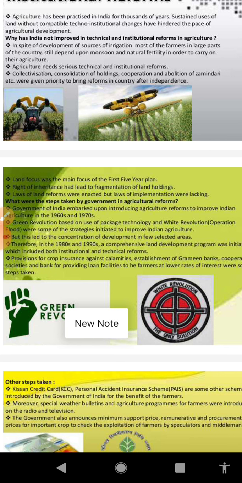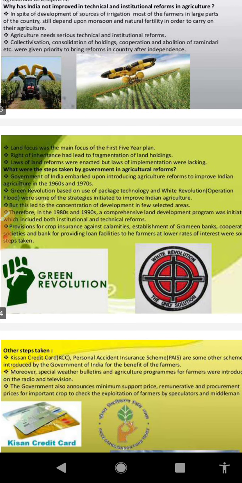With regard to the support price, every year the Government of India announces the minimum support price. This is the price at which the government is ready to buy agricultural produce from the farmers. The main objective of announcing the minimum support price is to protect the farmers from the brokers or middlemen.